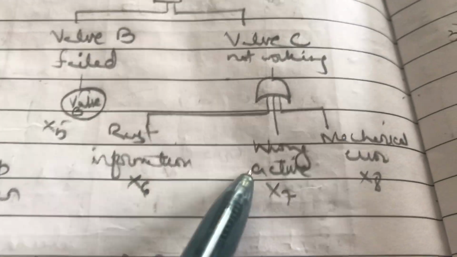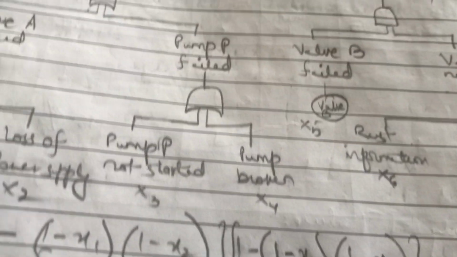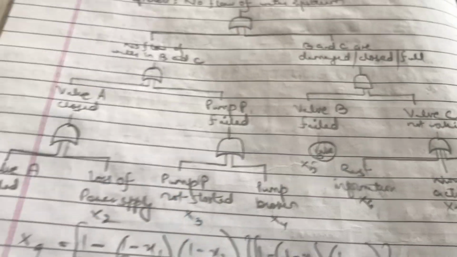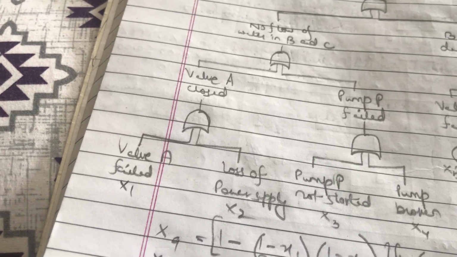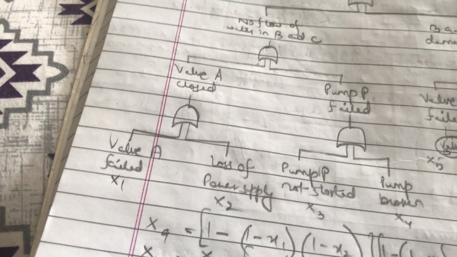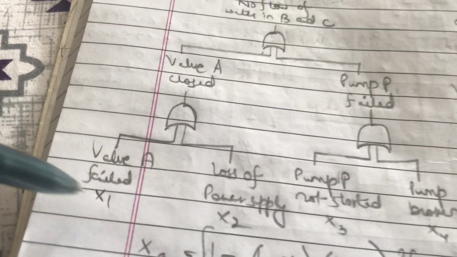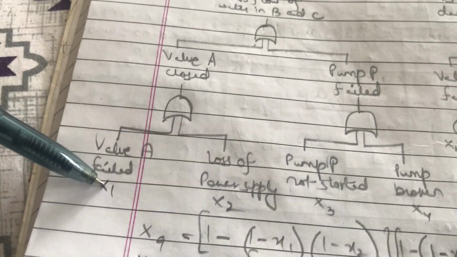So that was all, we have written all the possibilities. Now our goal is to give numbers to them.